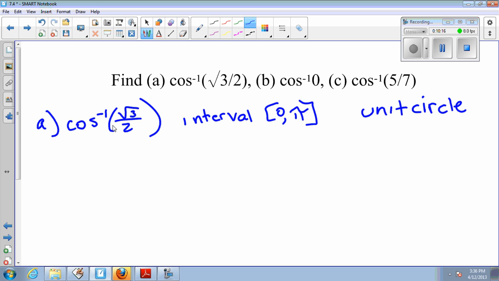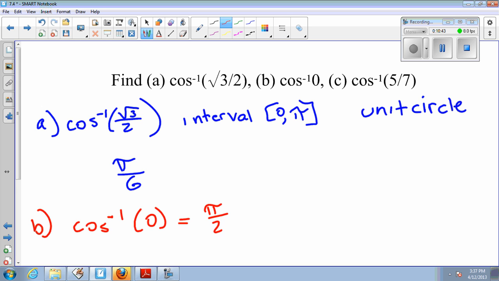Cosine is your x value, so you want your x value to be root 3 over 2, which occurs at pi over 6. Part B, cosine inverse cosine of 0. So we want our x value, on the interval of 0 to pi, to be 0, and we know that occurs at pi over 2.